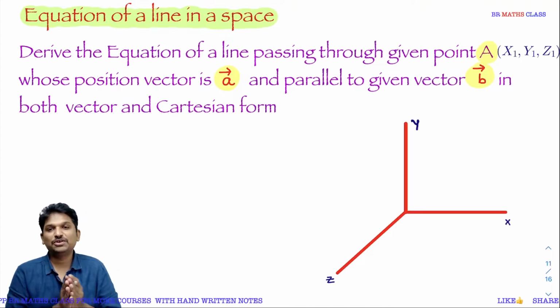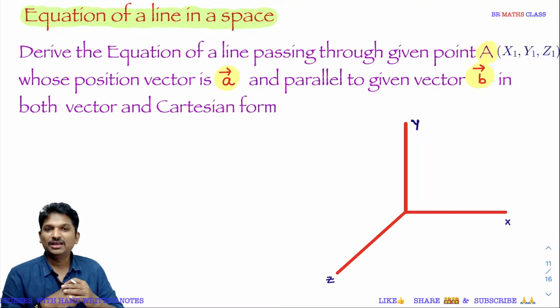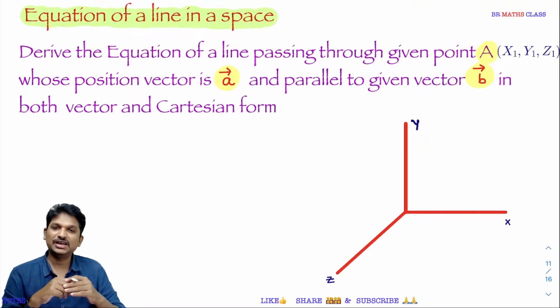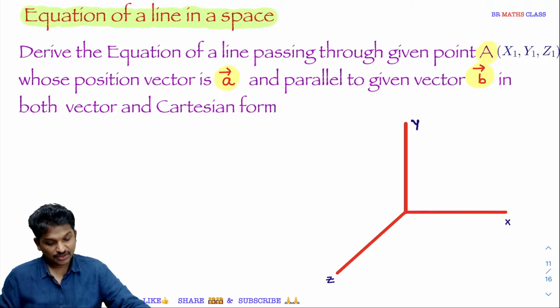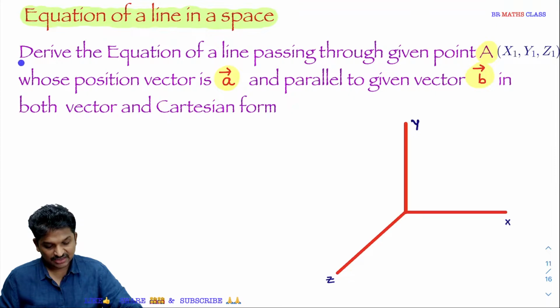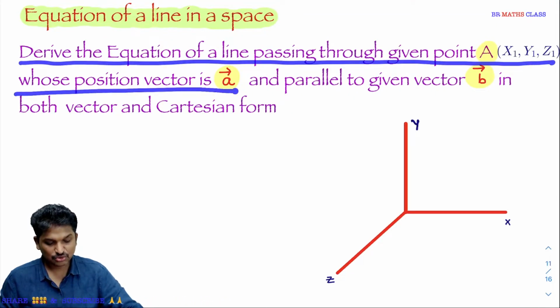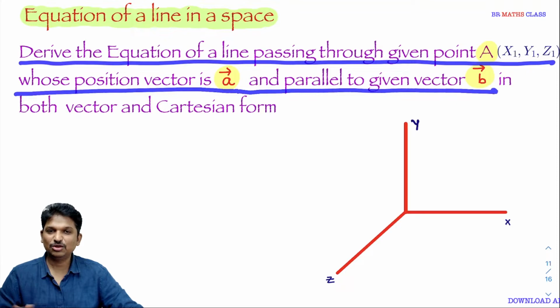A total of two types of equations of lines are there in three-dimensional geometry. This is important. You observe here, we are going to derive two things. Derive the equation of a line passing through a given point and parallel to a given vector. I'll explain all the things clearly.